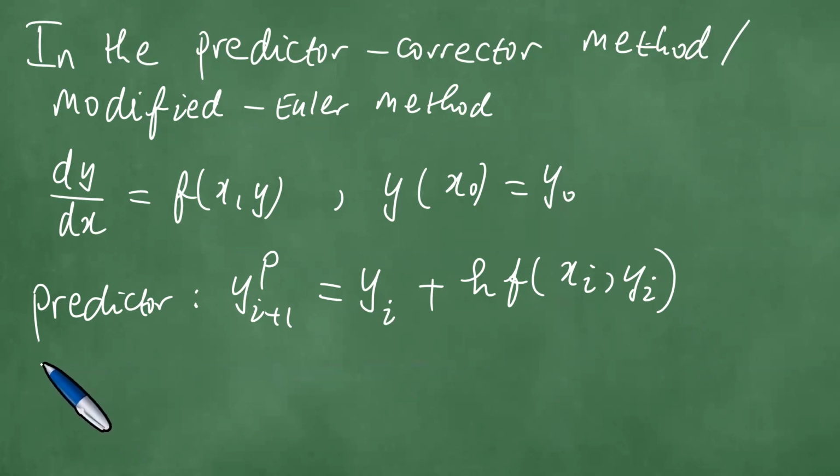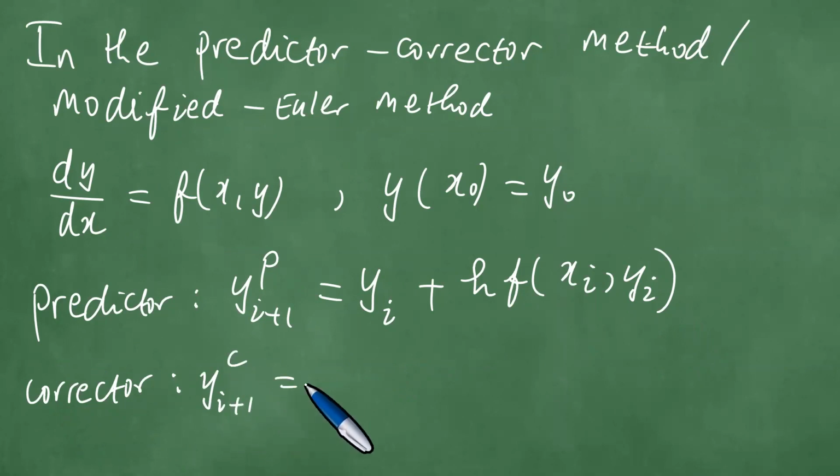But now you also have the corrector. So the corrector equation, right? This one is the one just described in the paragraph above, where we said that it takes the average. So how is the corrector now different? Because modified means you just have the predictor and the corrector.